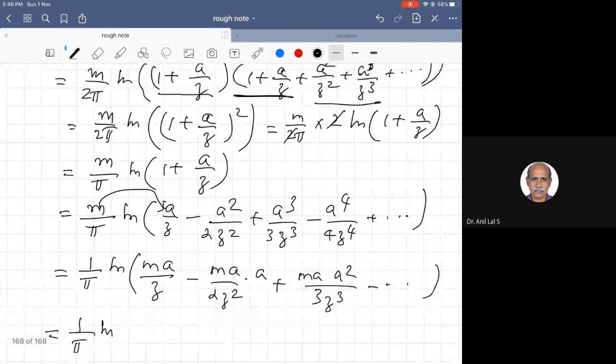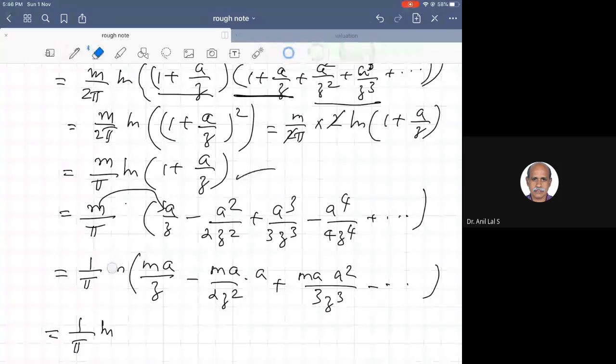This expansion of log is not repeated; here there is log 1 plus a by z, but this log symbol is not there.